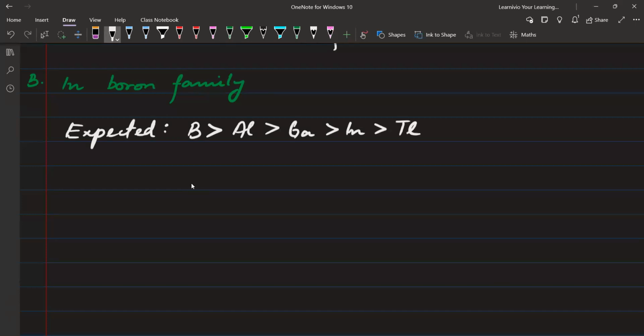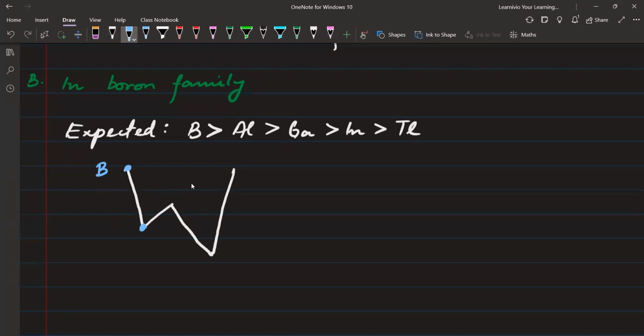But the actual order is something like this. In order to remember this, you can use this mnemonic. You can write a stylish W. What is this stylish W? Please see. Here you have boron.